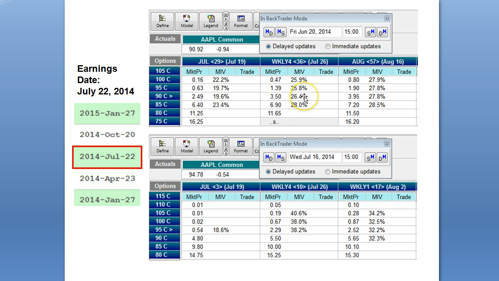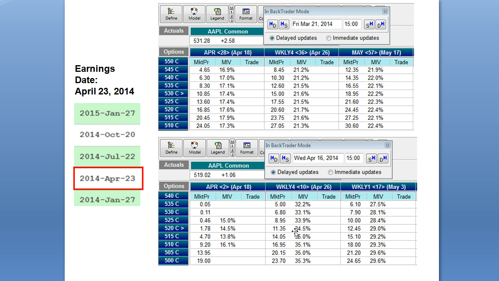The expiration that is affected by earnings went from 25, 26 up to 38. Again, selling premium in the front expiration that's not affected and buying premium that is affected, going from 26 to 38, would be a huge benefit to this calendar spread.